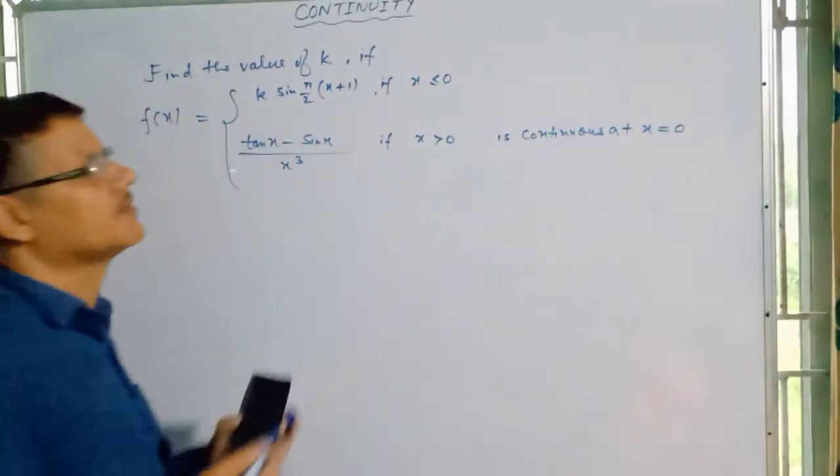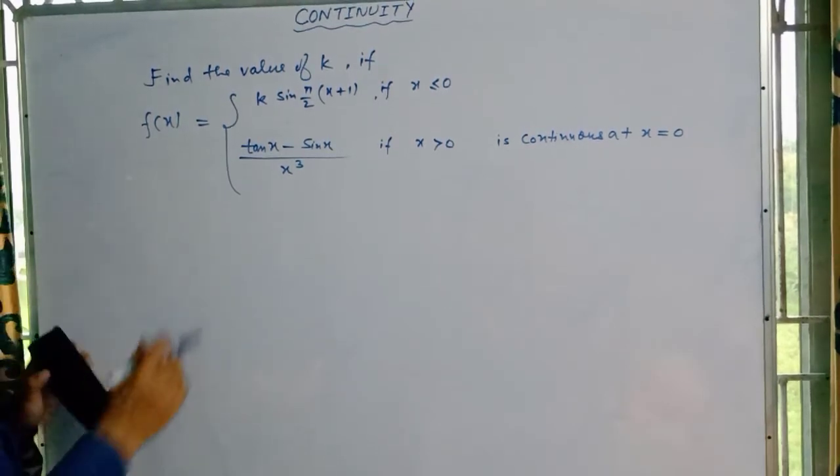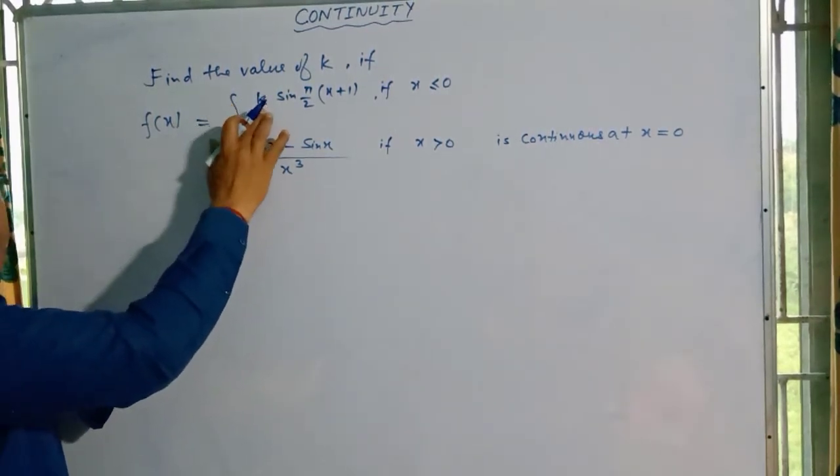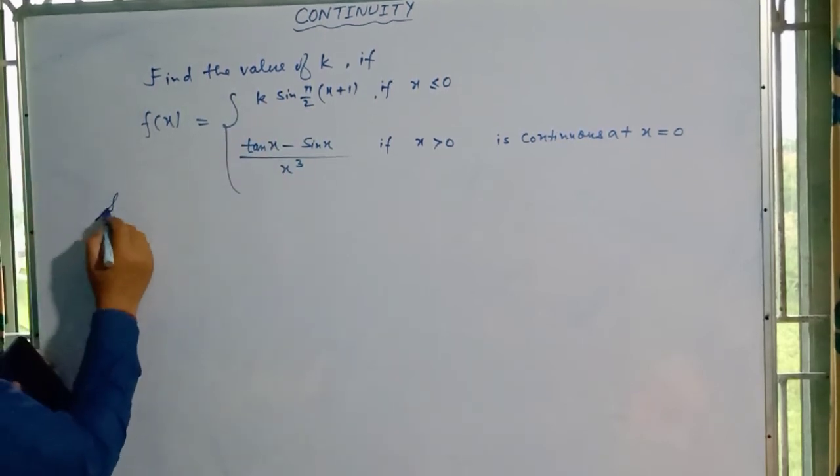Again, the given function is continuous, then we are required to get the value of the variable. There may sometimes be lambda or k or a or b, and finally we have to show it. So just start.